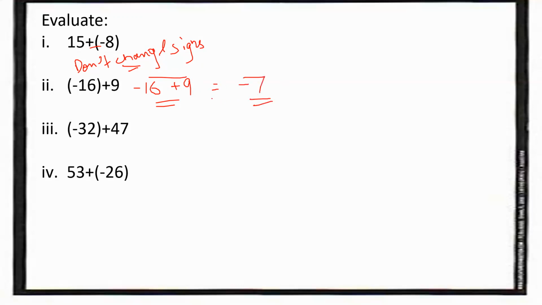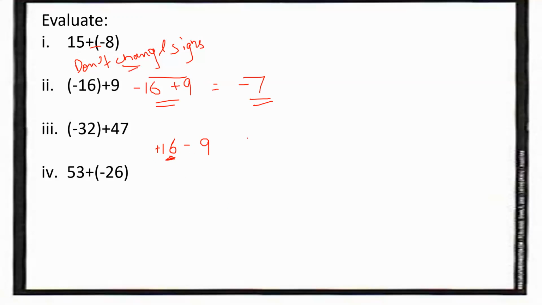Why minus 7? Because if you had 16 minus 9, then it would be positive, right? But here we have minus 16 plus 9. Here 16 was the greater number and 16 is positive. If you don't have any sign, then also it is positive only.